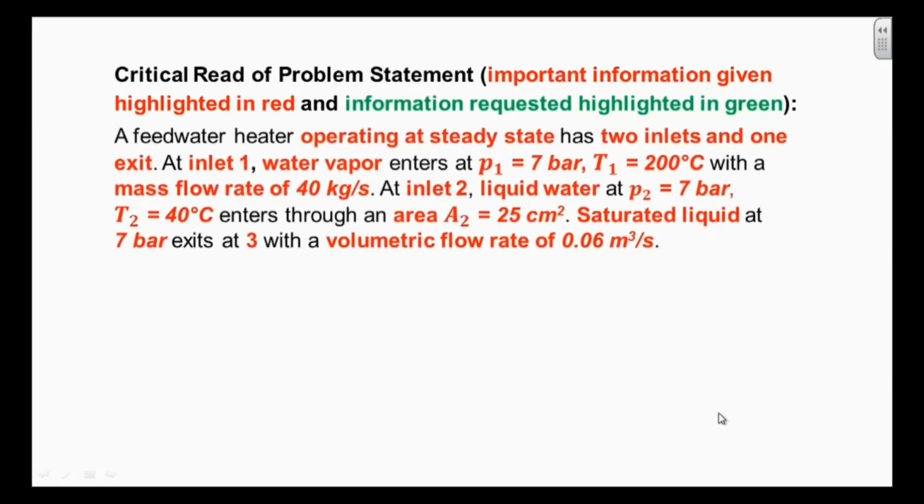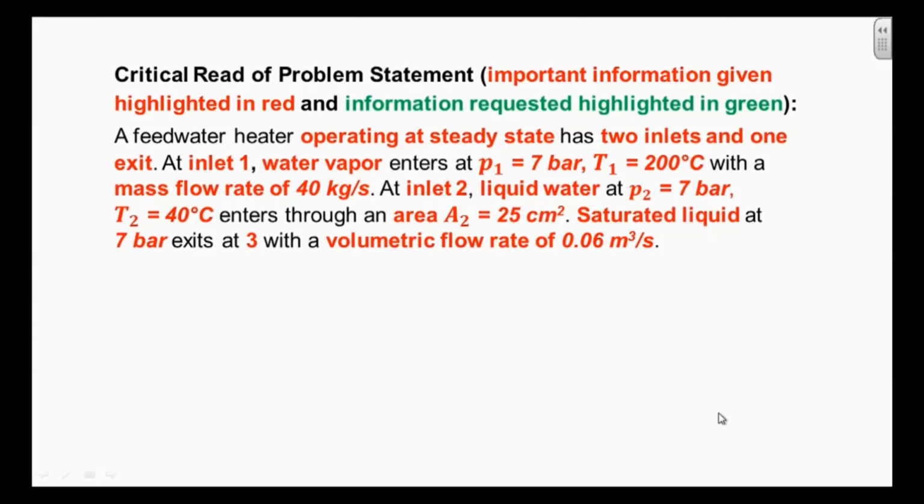A feed water heater operating at steady state has two inlets and one exit. At inlet 1, the conditions are given in terms of water vapor, P1 equals 7 bar and T1 equals 200 degrees C, and a given mass flow rate. At inlet 2, we know it's liquid water at the same pressure, temperature T2 equals 40 degrees C, entering through an area A2 equals 25 square centimeters.